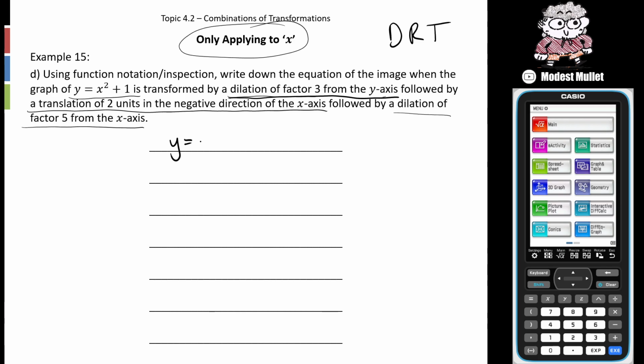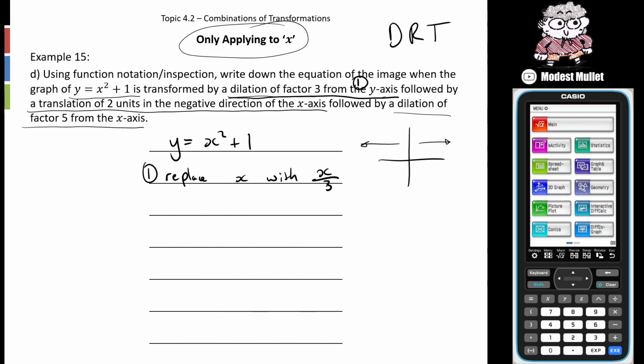So we have y is equal to x squared plus 1, and our first thing is a dilation of factor 3 from the y-axis. If we're dilating from the y-axis, we're being stretched this way. So we need to replace x with x on 3.